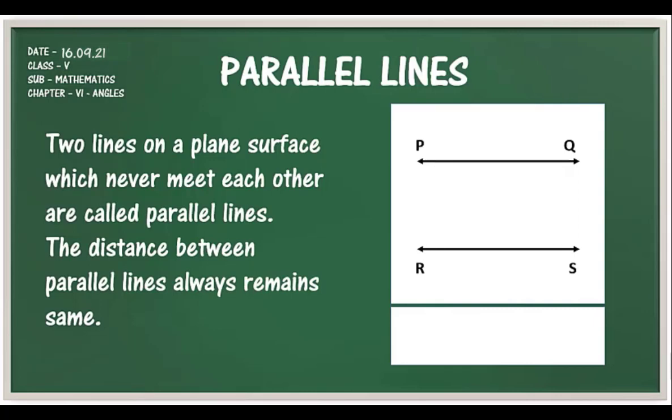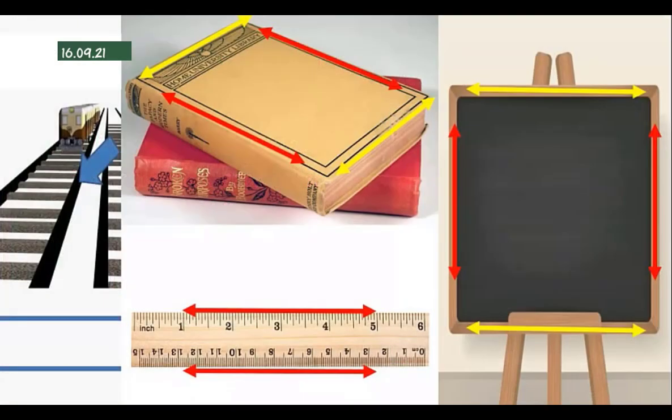So, lines PQ and RS are parallel. Parallel lines are represented as PQ parallel to RS. You can see some real life examples of parallel lines like railway tracks, edges of your book, your ruler, your blackboard, etc.